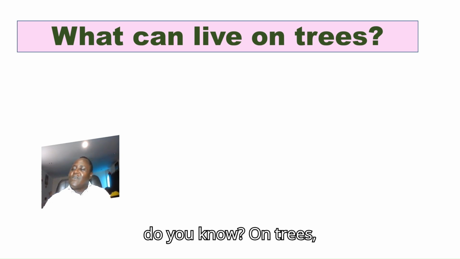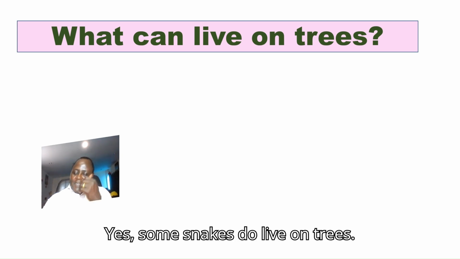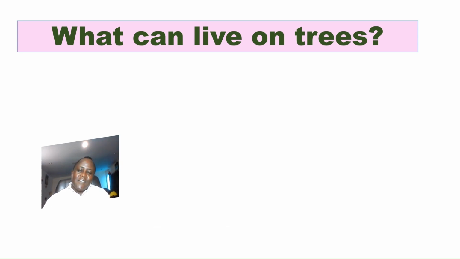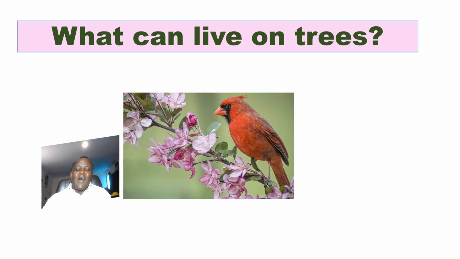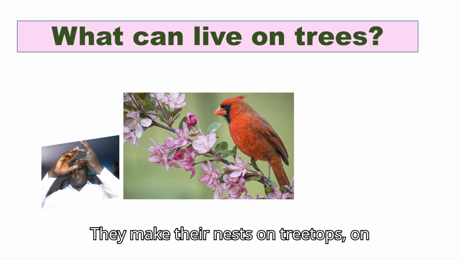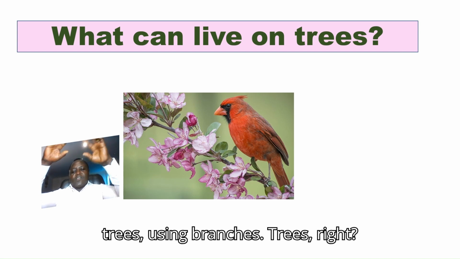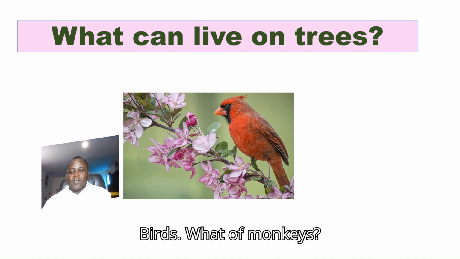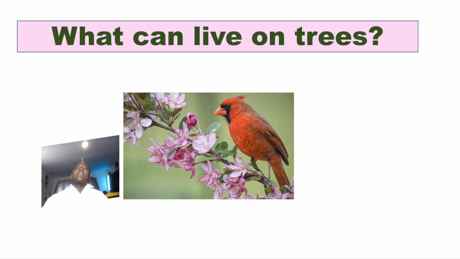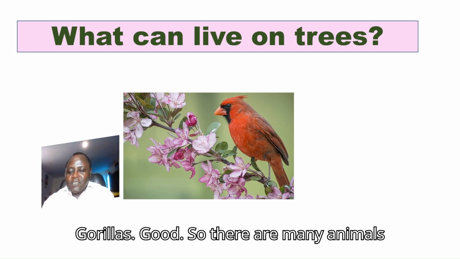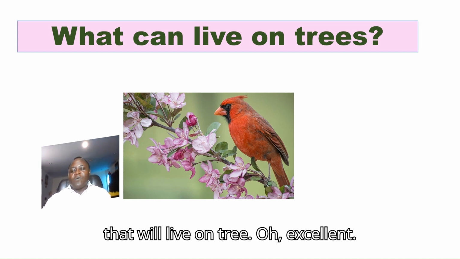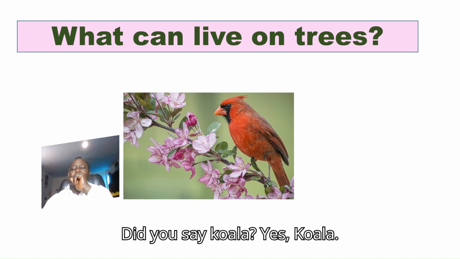Do you know? On trees. Yes, some snakes do live on trees. Excellent. What else? Birds. They make their nests on tree tops, using branches, right? What of monkeys? Gorillas. Good. So there are many animals that will live on trees. Oh, excellent. Did you say koala? Yes, koala. Good.